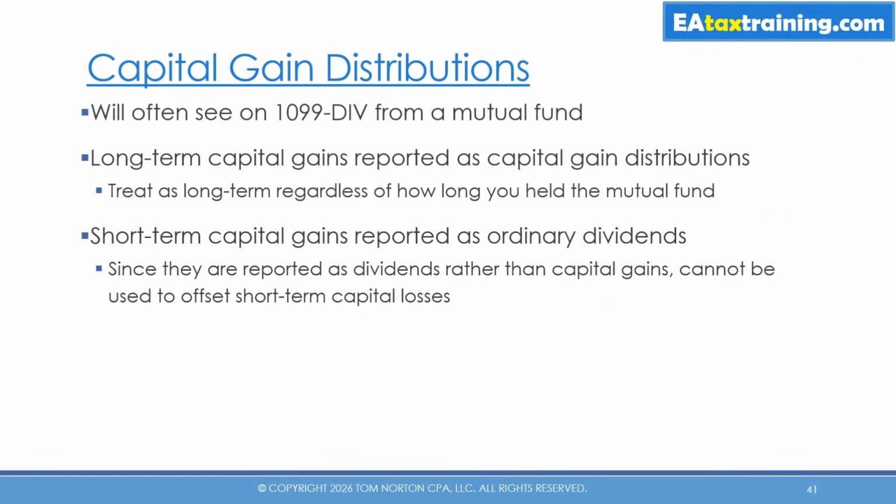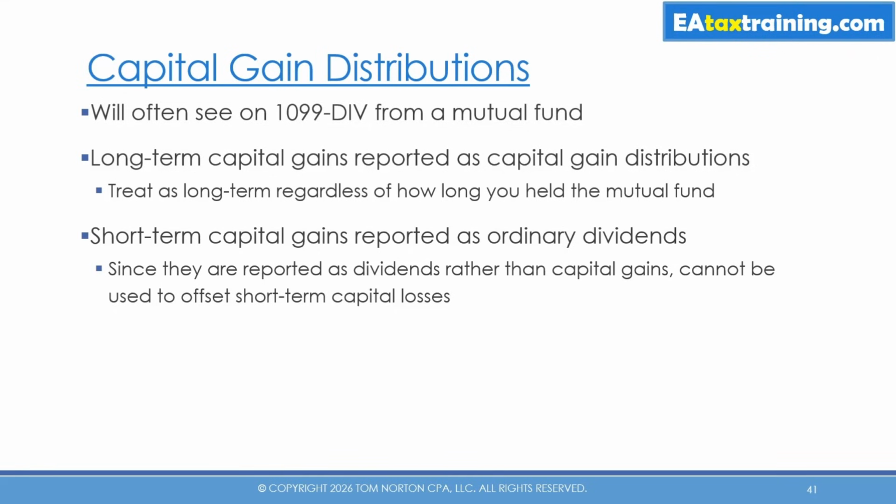So let's talk about those capital gain distributions. This is when the mutual fund buys and sells securities, and then they distribute out those capital gains to you as the mutual fund owner. Long-term capital gains that the mutual fund has will be reported as capital gain distributions. That's what it says on the 1099.